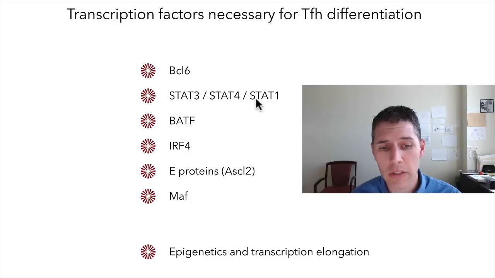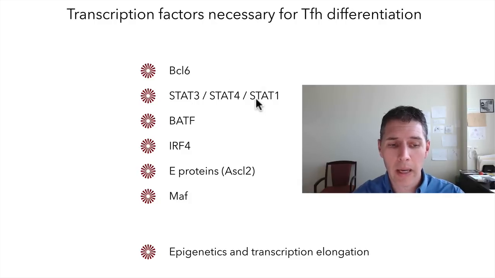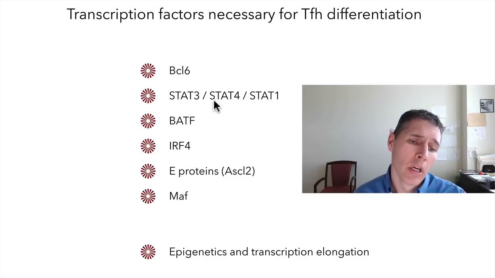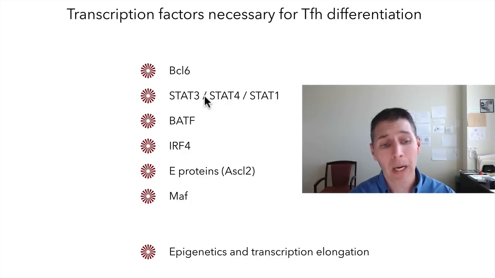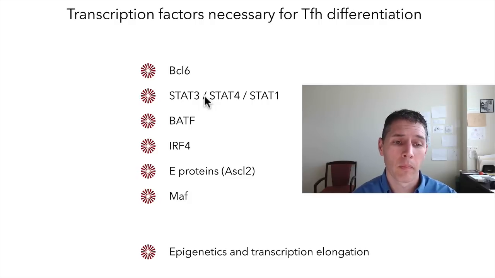And similar things can be said about STAT proteins. For STATs, the most important STAT in mouse CD4 T cell differentiation to TFH is STAT3, and STAT3 is a critical regulator of IL-21 expression among numerous other genes of interest.